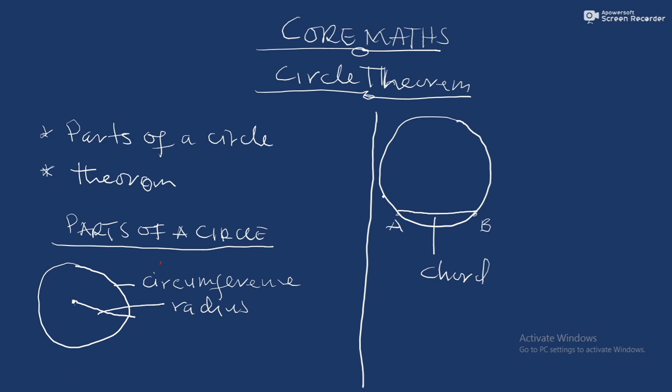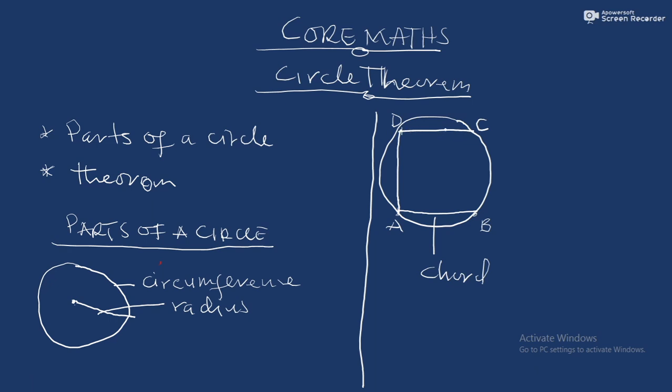It can also be from this point to this point, where we label this point as D. So line AD is a chord because it's a line within a circle and it touches the circumference at 2 points. It can also be from here to here, where this will be labeled as C. So line DC is also a chord.